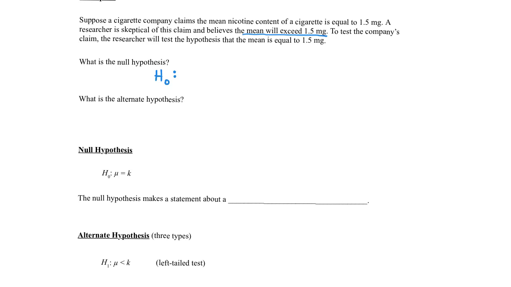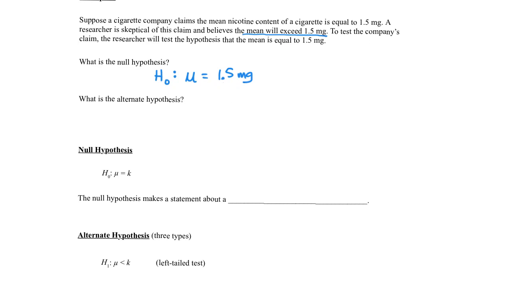We're just going to say the null hypothesis is the population mean equals 1.5 milligrams. So when we have the null hypothesis, this is the notation that we want: H naught with a colon, and then whatever follows is the thing we're assuming to be true. We have reason at this point to believe this is true. The mean equals 1.5 milligrams.